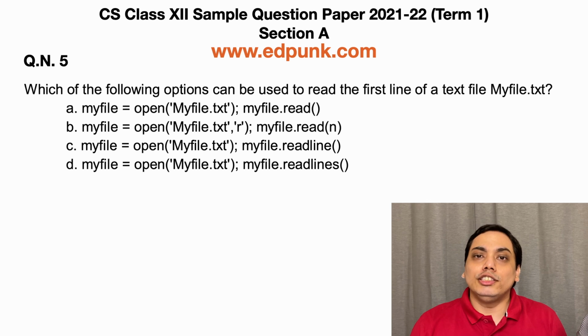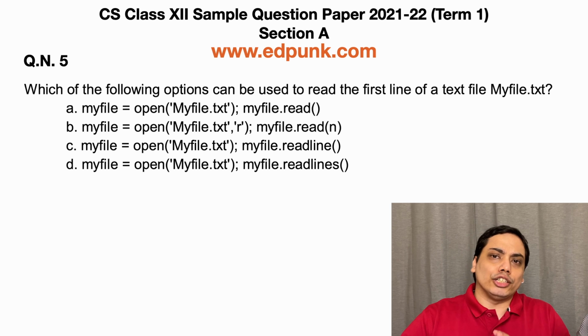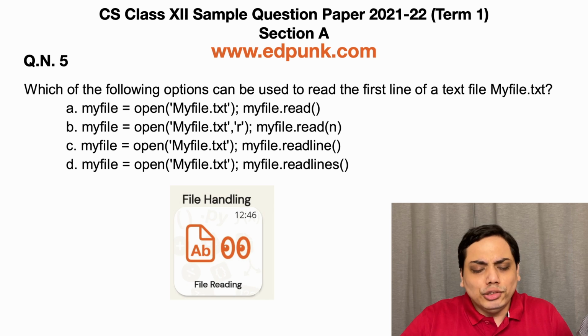Option C is myfile equal to open myfile.txt followed by myfile.readline, and option D is myfile equal to open myfile.txt followed by myfile.readlines.